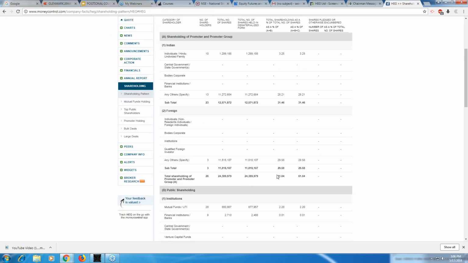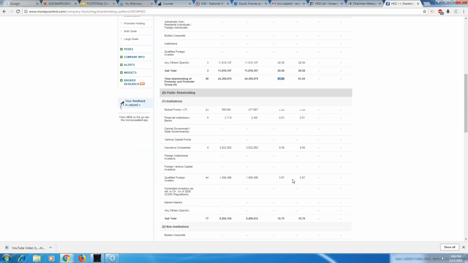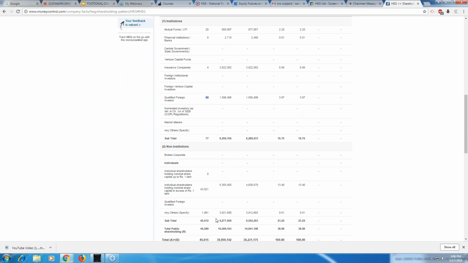So see here, the promoter stake is about 61.06%, which is fine because promoter stake should be definitely more than 50%. Then there are 20 mutual funds which are interested in it. Financial institutions 9. Insurance companies 4. 44 qualified foreign investors are interested in this company, right?